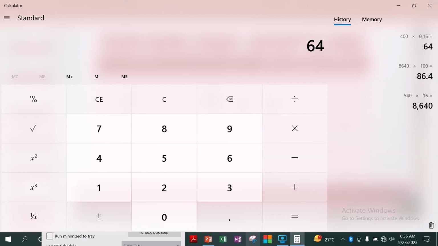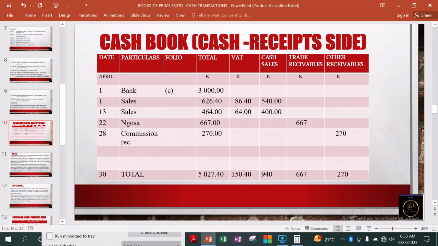So when you look at that, we have calculated 64 as VAT. That's what is appearing here. So it means that the customer paid a total of 400 plus 64, which is 464. Our claim on the 464 is 400, and this 64 is supposed to be paid to ZRA.